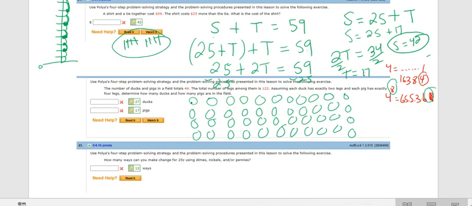So we can draw legs in all these circles. And I'm drawing 2 because I know that each animal at least has 2 legs.